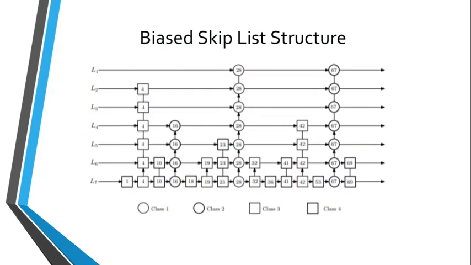And then in the highest level, it's necessary that you have the node that belongs to class 1. In this way, we make sure that the nodes which have lesser ranks can be accessed faster than the nodes which have higher ranks.